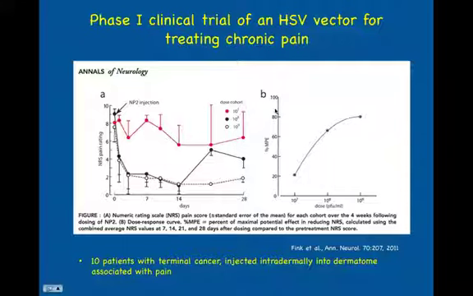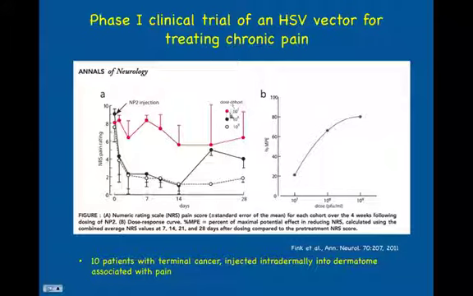Phase 1 clinical trial of an HSV vector for treating chronic pain. So you get your injection of this NP2 vector. These are patients with a terminal form of cancer, injected intradermally, so underneath the skin, into the dermatome associated with the pain. So at the location of their chronic pain.